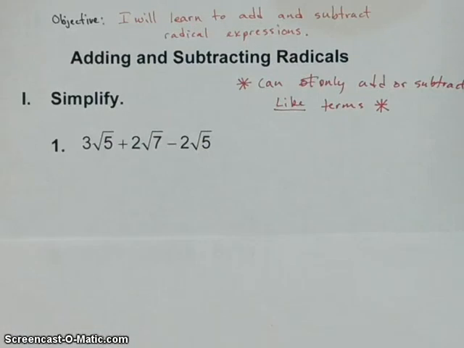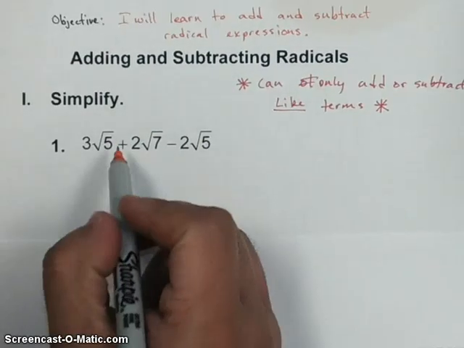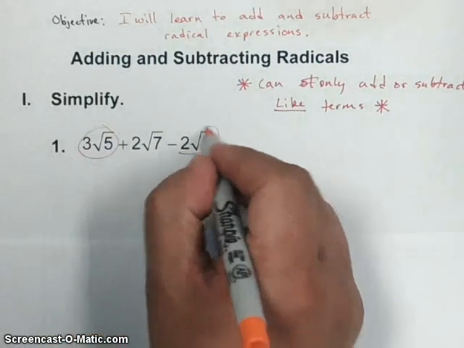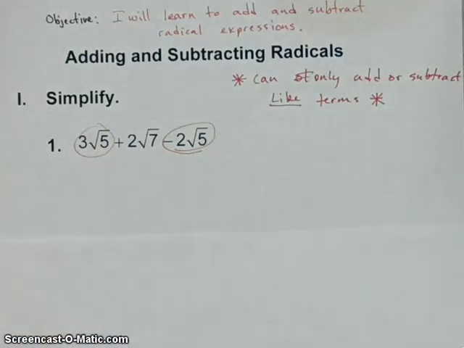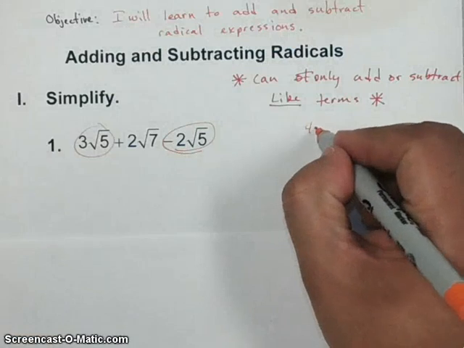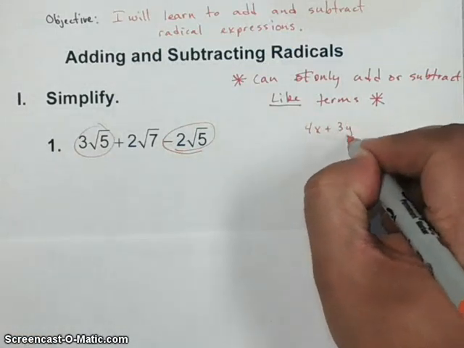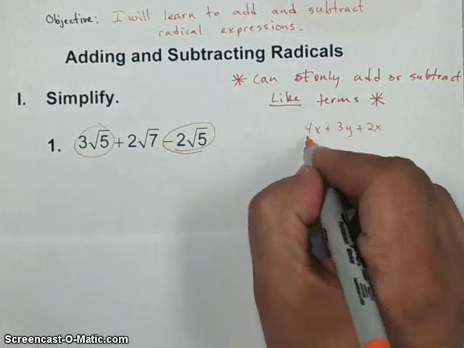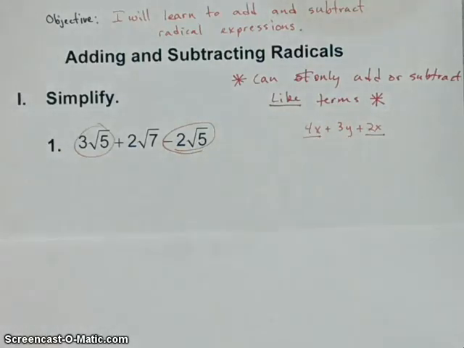So in this case, I can add the 3 square roots of 5 and the minus 2 square roots of 5. It's like having an expression where we have 4x plus 3y plus 2x. You can only combine the stuff that has the same variable in it.